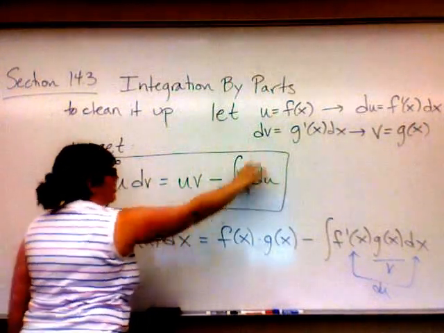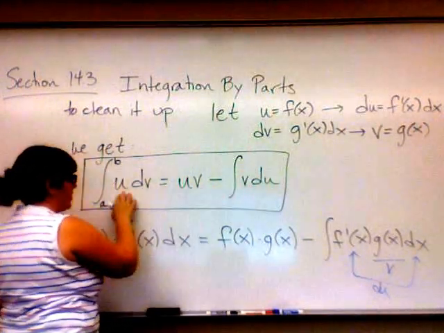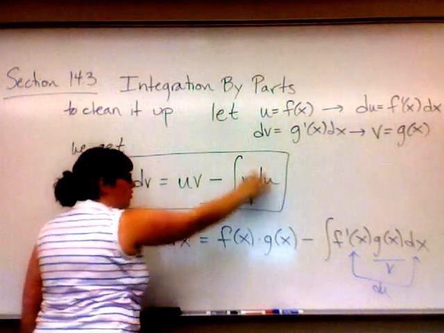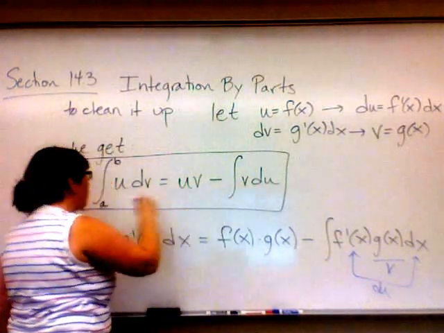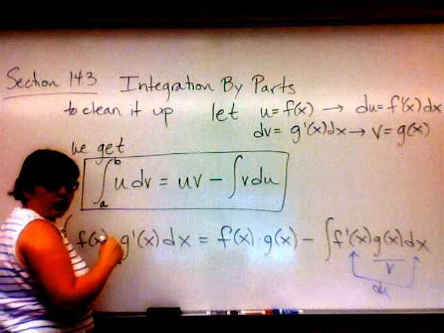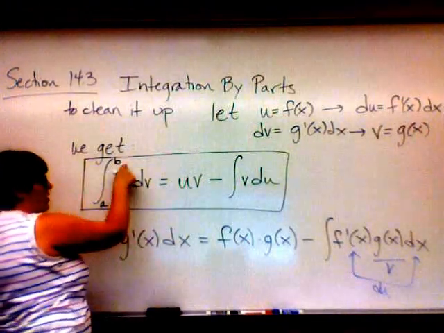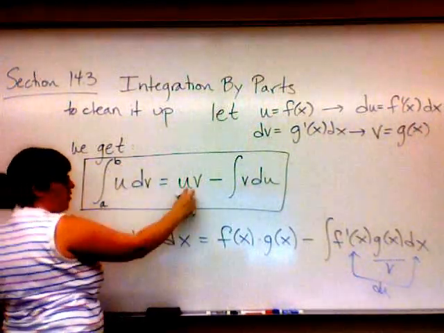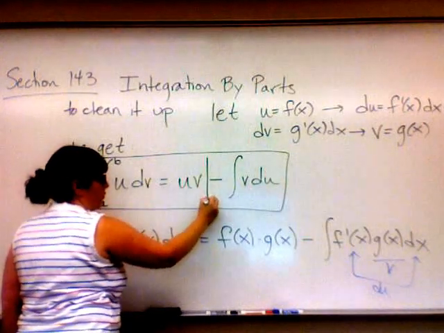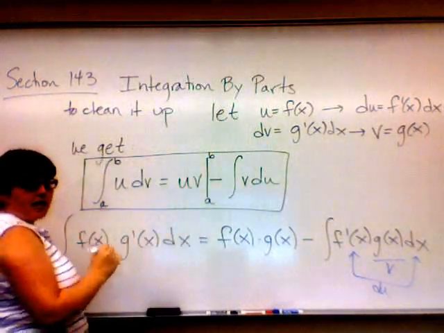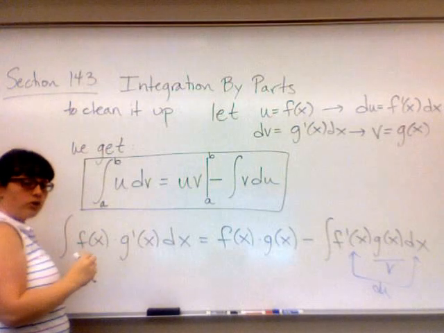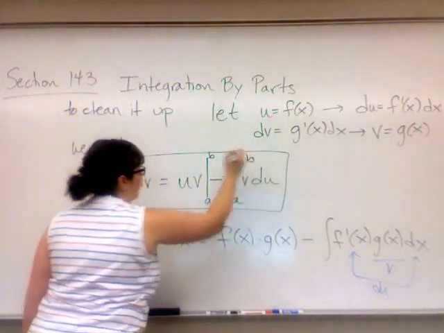So if this is supposed to be the result of this integral, then I need to evaluate this entire right side also from A to B. So our notation where we say, if this goes from A to B, then I can go ahead and say, well, this piece needs to be evaluated from A to B, and this other integral over here will also need to be evaluated from A to B.